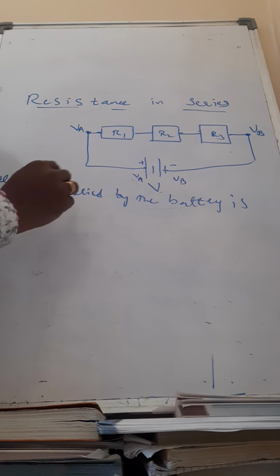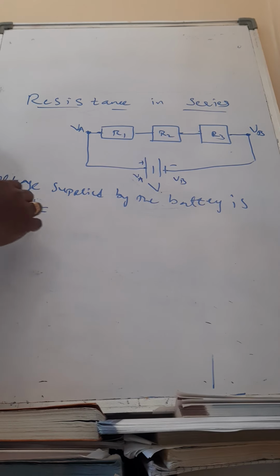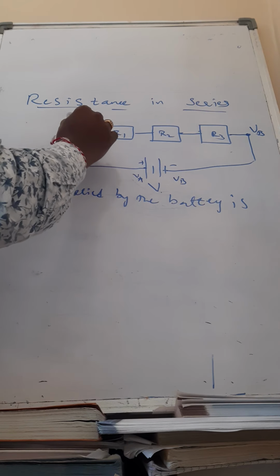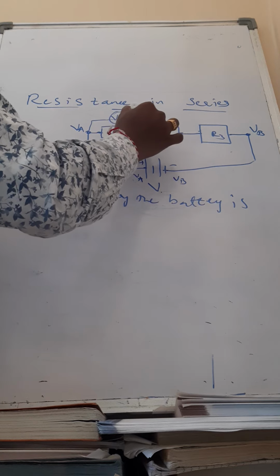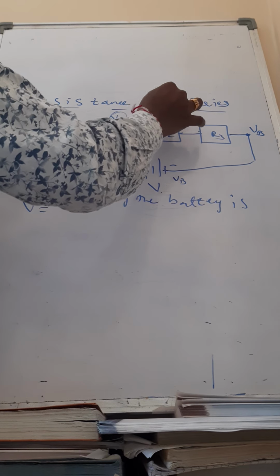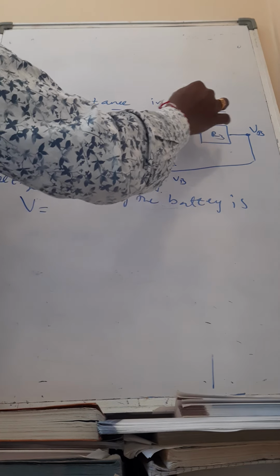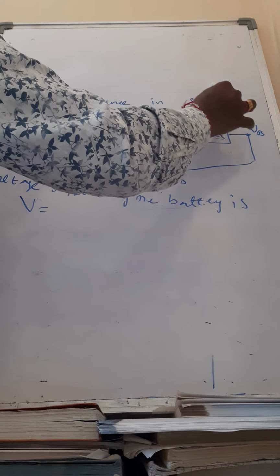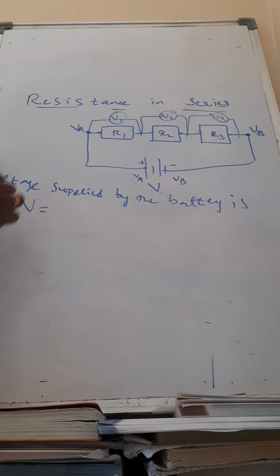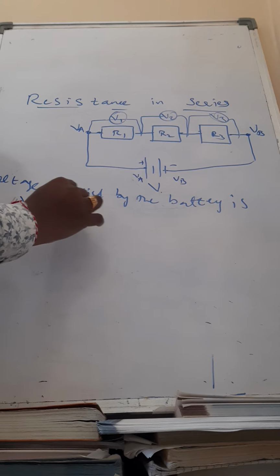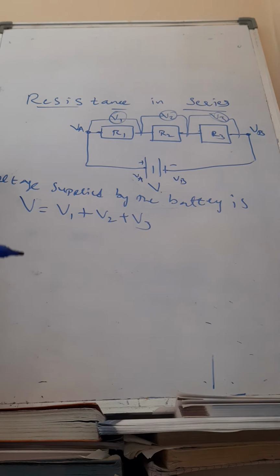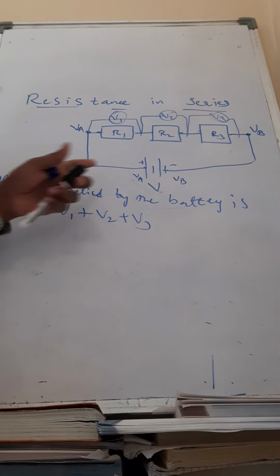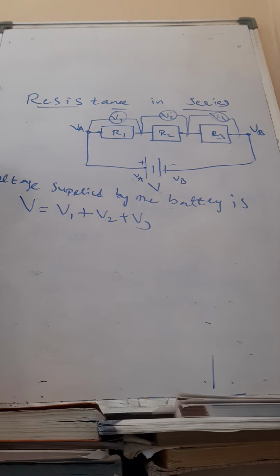V is equal to V1, the voltage across R1, plus V2, the voltage across R2, plus V3, the voltage across R3. The sum of the individual voltages across each resistor is equal to the total voltage supplied by the battery.